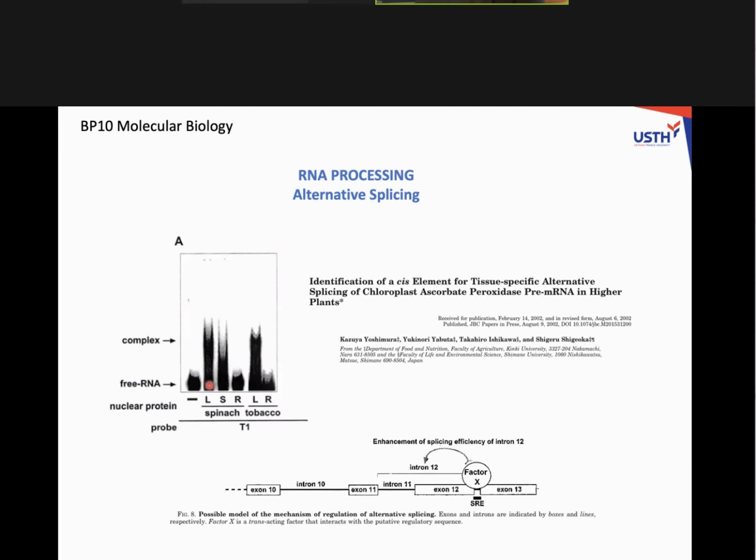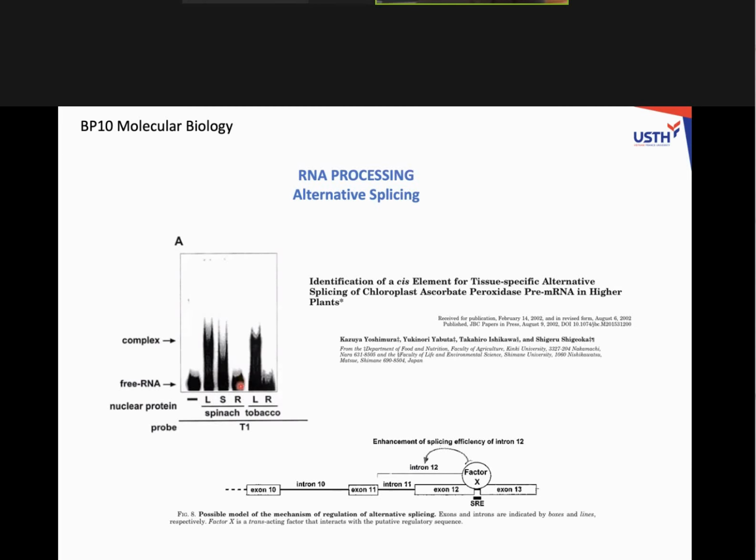So we see the probe, but we also see a signal with a smaller distance of migration, so it's a mobility shift, we see the formation of a complex. So this dark signal here, which is above the free probe, indicates that in this protein extract coming from leaves, there are protein factors that are able to interact with the free probe. And you see the complex which is formed.